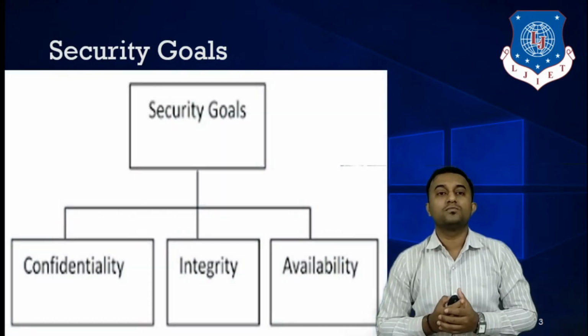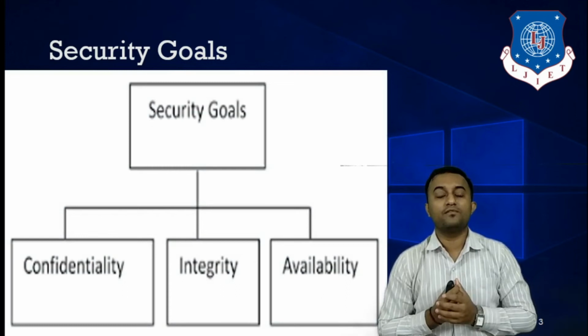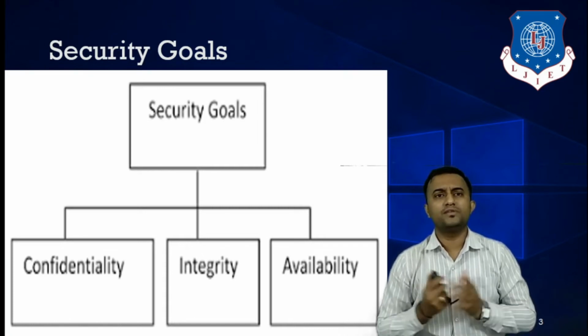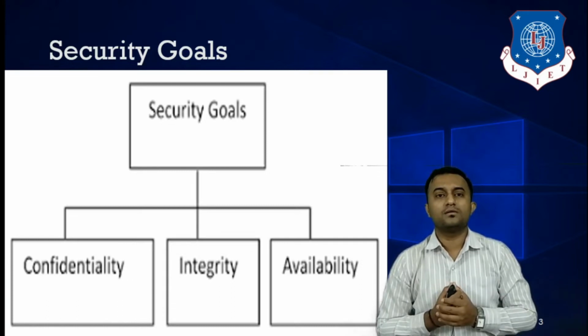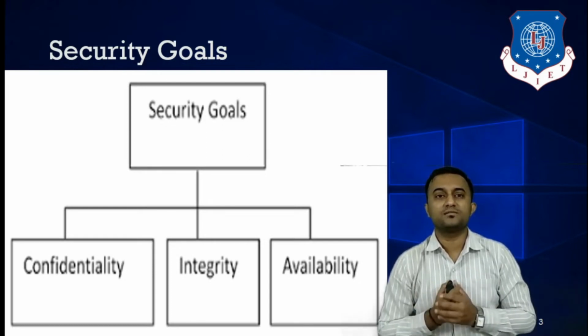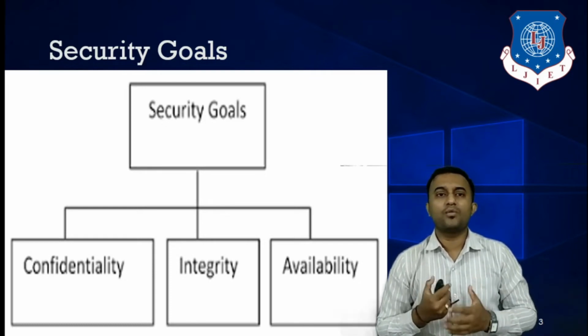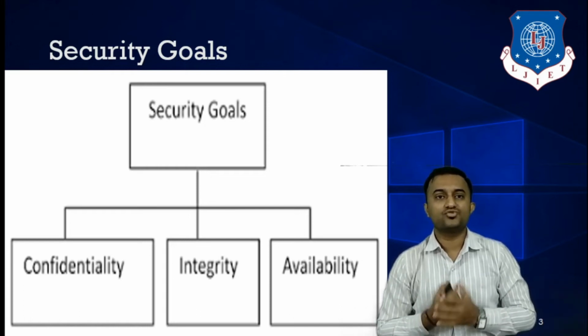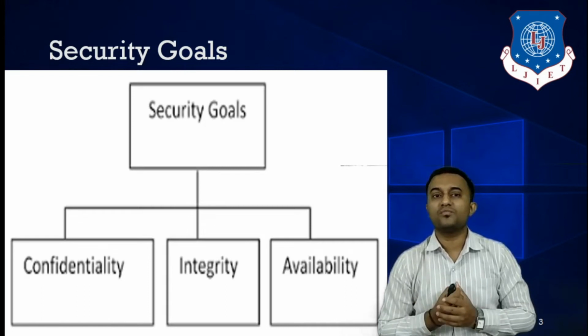Clear? So if you want to achieve enough level of security, there are three main security goals we have. In general, whether we are studying database systems, security, networking, or operating systems, these are the common security goals that need to be achieved anyhow if you want to protect your information.